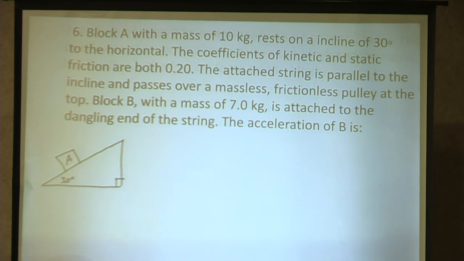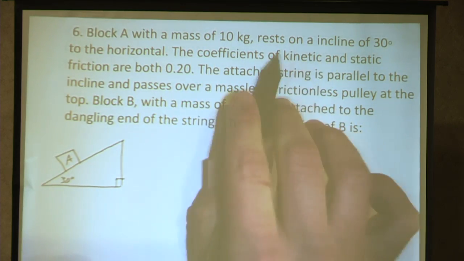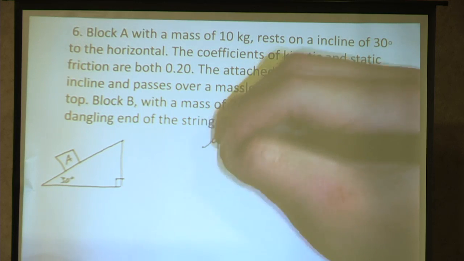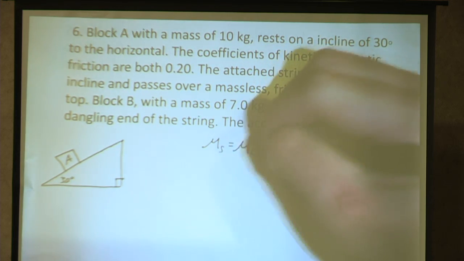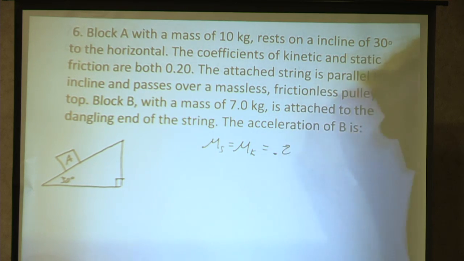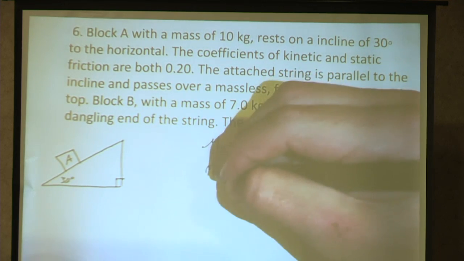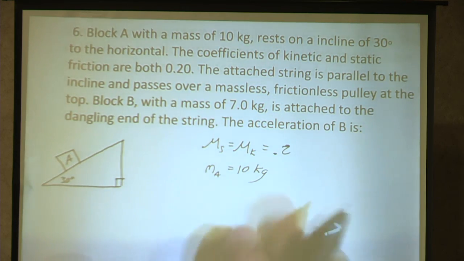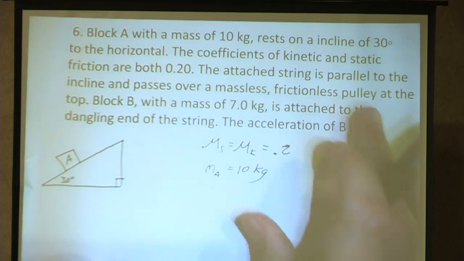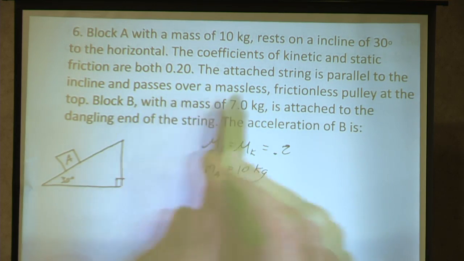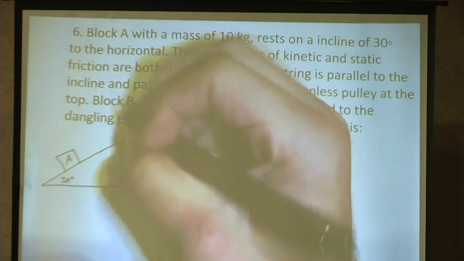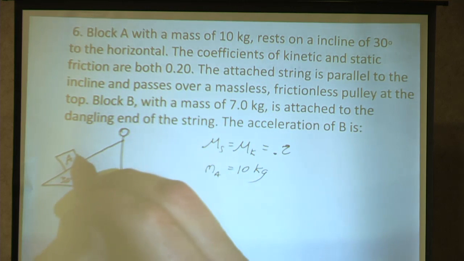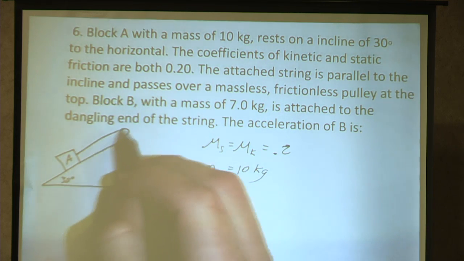Now we have coefficients of kinetic and static friction that are both 0.2, so I'm going to write these down. The mass of A is 10 kilograms. The attached string is parallel to the incline and passes over a massless frictionless pulley at the top. Of course, they always do that. So we've got the pulley right here, and a string that attaches to that.